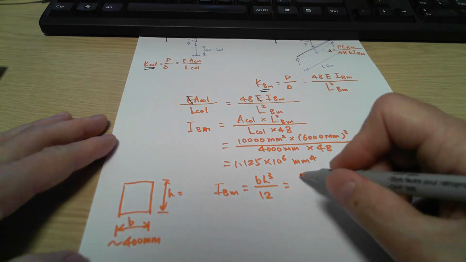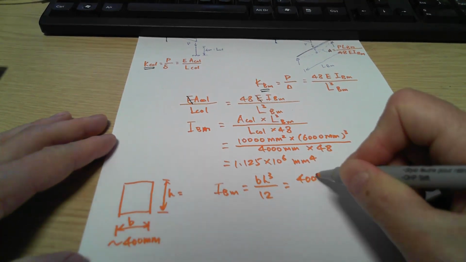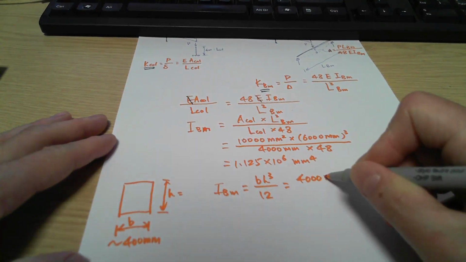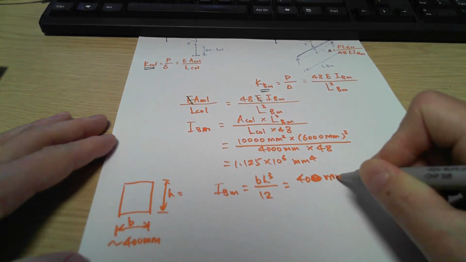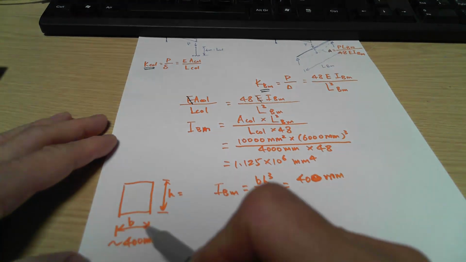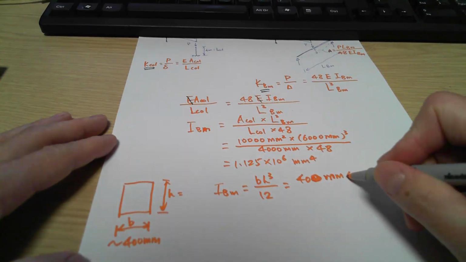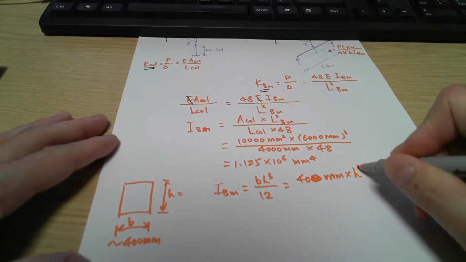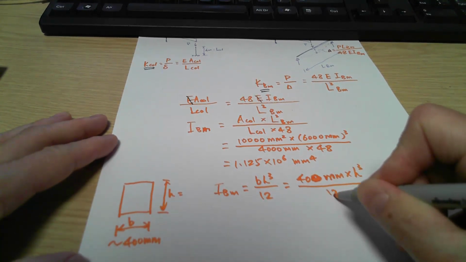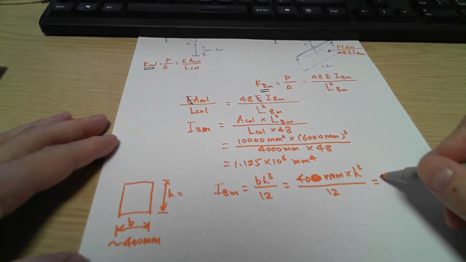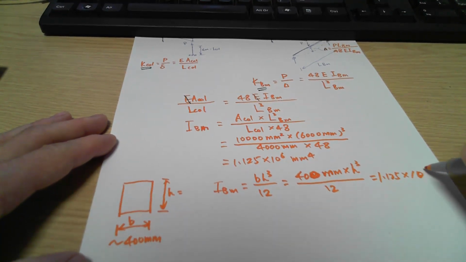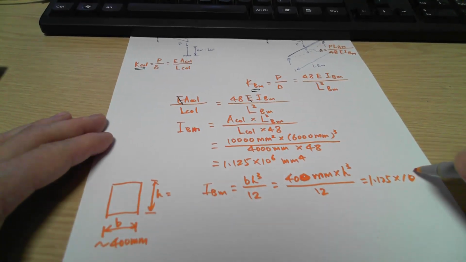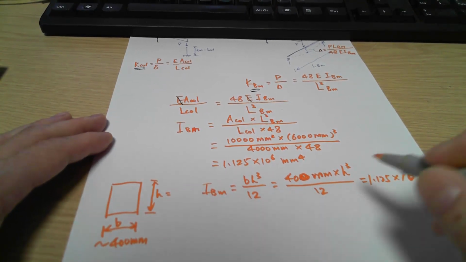That should equal 400 millimeter times H cubed, which is the one we're looking for, divided by 12, and that should equal 1.125 times 10 to the power 10 millimeter to the power 4.